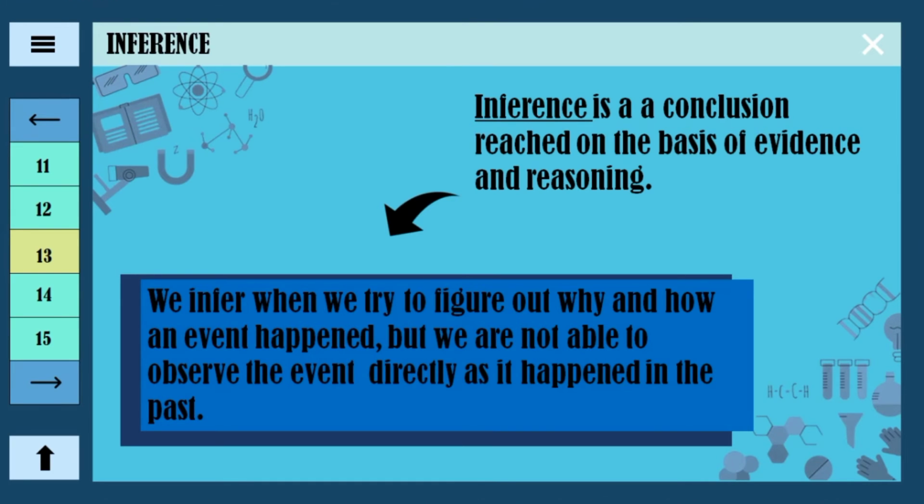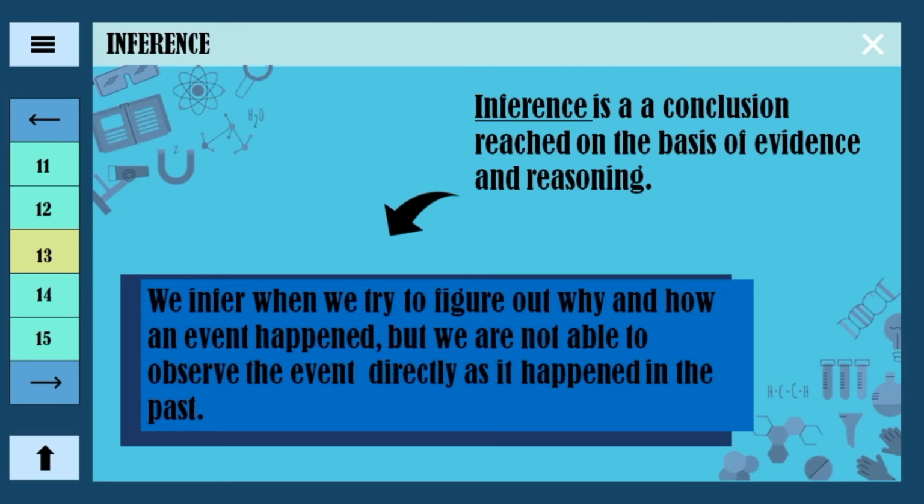Just like in a crime investigation, we try to examine evidence or clues that we find in a crime scene and try to figure out how the crime happened, who did it, and why. Another example is you saw your neighbor wearing a bandage on his right leg. What can you infer? So probably he or she got an accident.